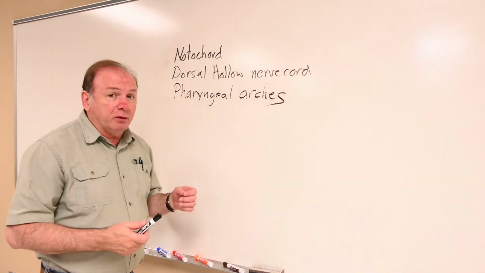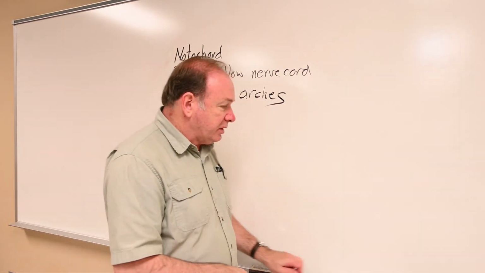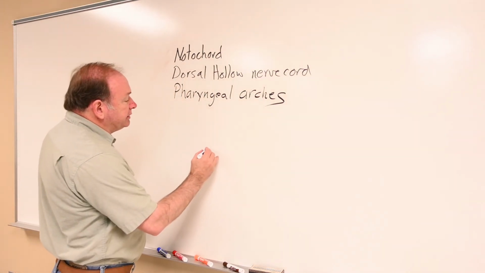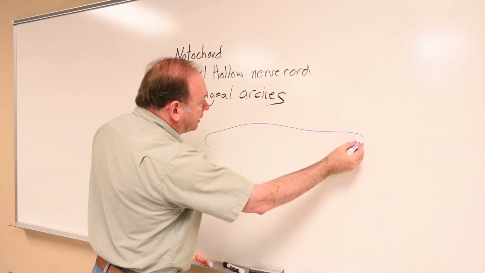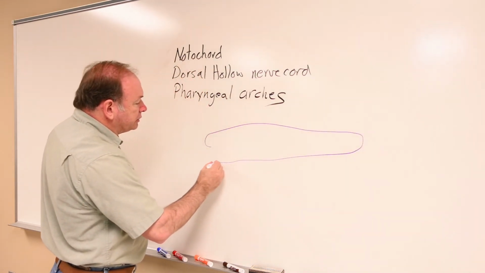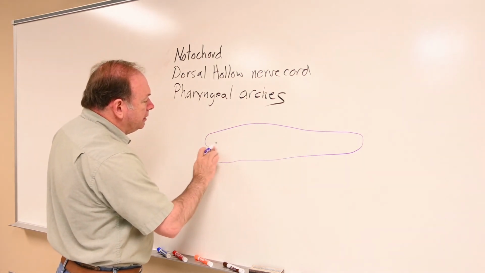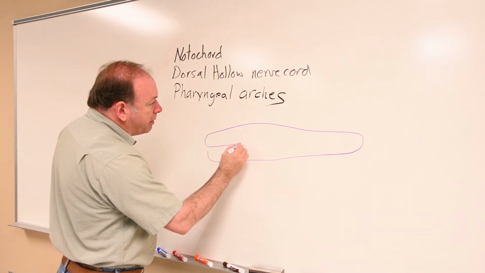Now let's take a look at what the basic body plan for all chordates would be based on that arrangement. Let's say we have a body, this is just a hypothetical body structure for a chordate body plan.